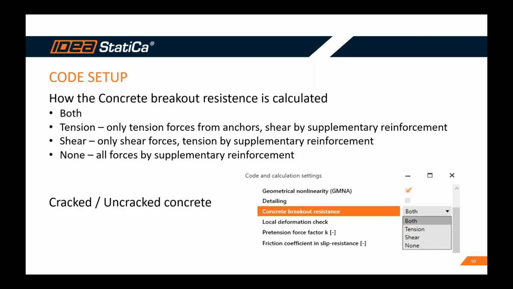Then the tension forces will be carried by the anchors, and shears will be carried by the supplementary reinforcement in the concrete block. The same is for the shear, or you can also select none. Then it means all forces will be carried by the supplementary reinforcement. Again, I will show you then in the example where to find it and where to set it.